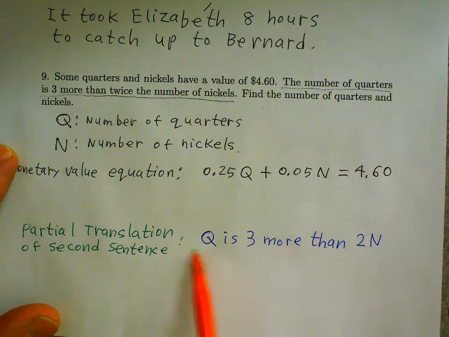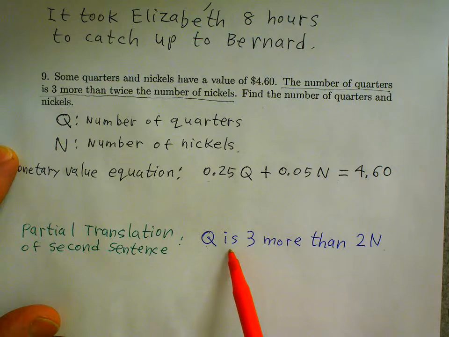So from here, we might be able to write down an equation. Q is the same as 3 more than 2N.